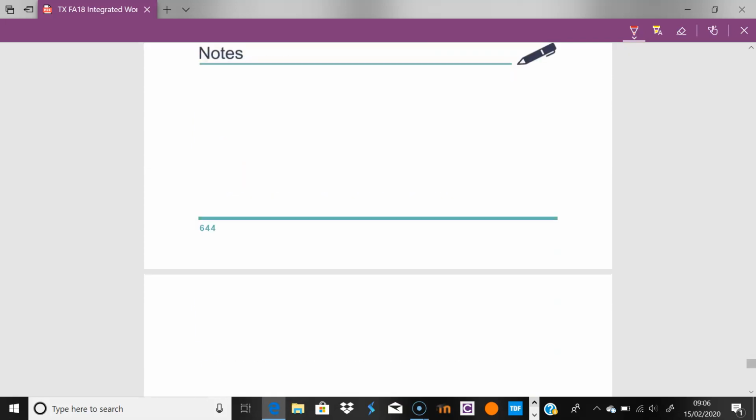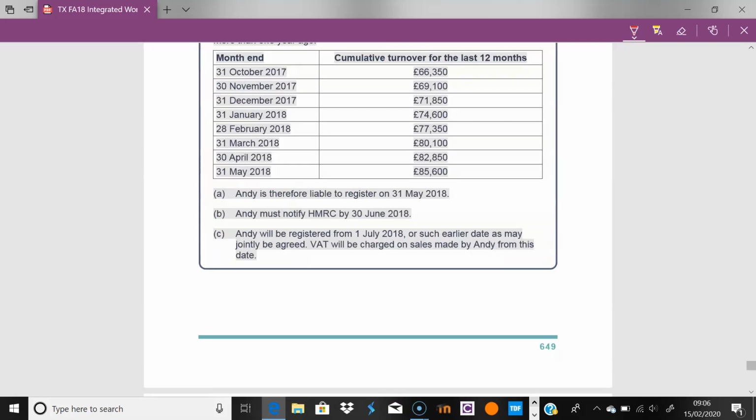What I now have here is 66,350, plus the 2,750 takes me to 69,100, and I add exactly the same thing again to get 71,850, and I literally keep going, and I find out that in the month of May I will hit this threshold. So I get to the end of my month, and you are liable to register at the end of this month. On the 31st of May, you're liable because you have now crossed the barrier.